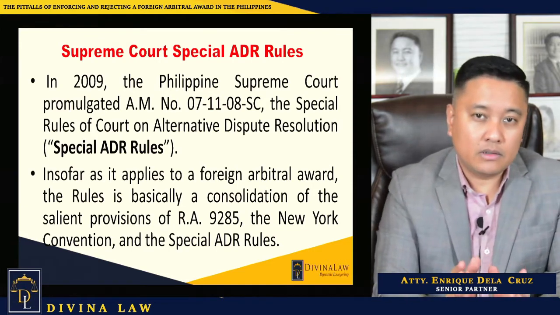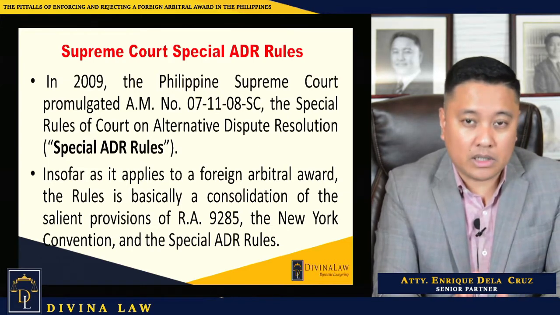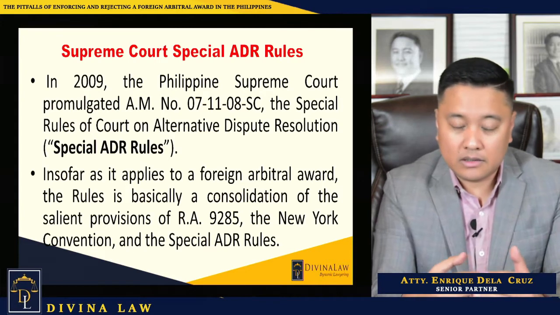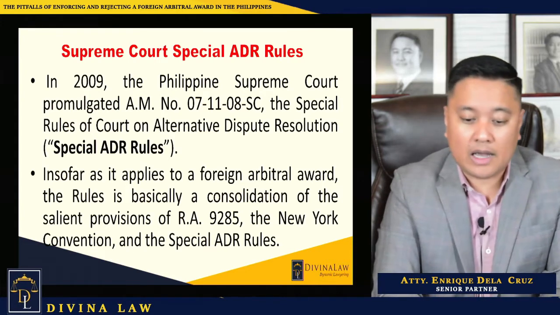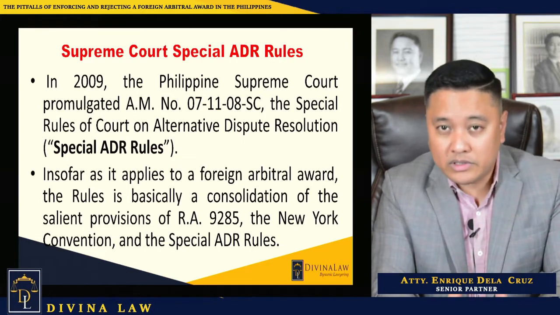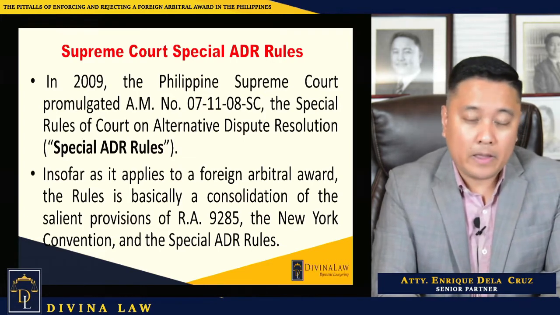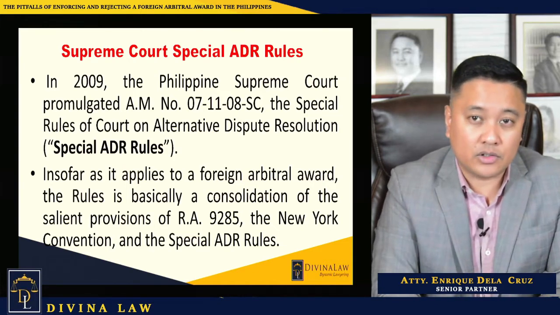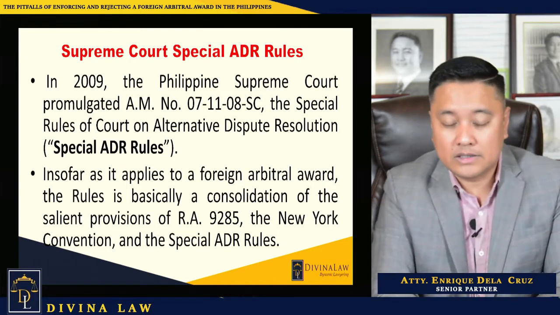So when we discuss foreign arbitral awards, we will basically be talking about the ADR Law, Republic Act 9285, the special ADR rules promulgated by the Supreme Court, and of course, the basis for all of this, the New York Convention on the Enforcement of Foreign Judgment.